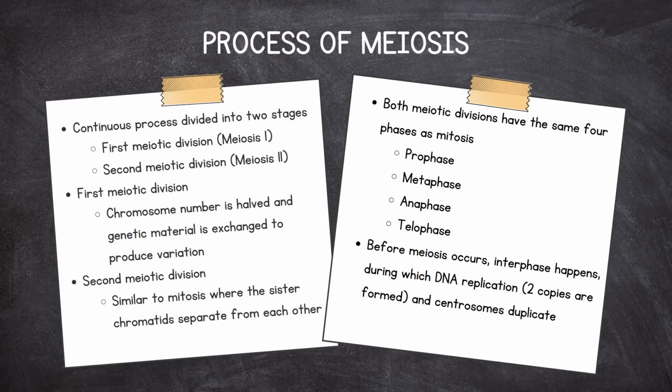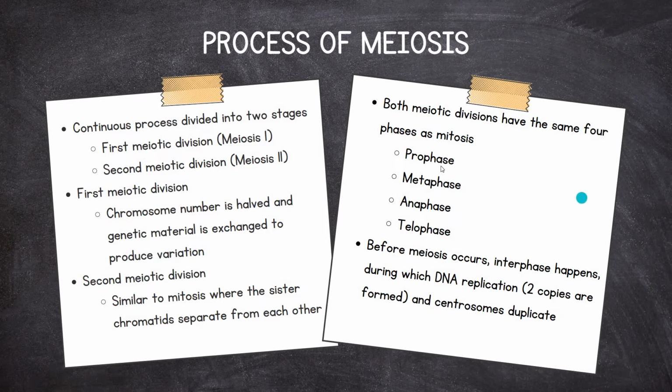If you are a little unsure about mitosis, you are more than welcome to use this section to recap that as well. Both meiotic divisions have the same 4 phases as mitosis: prophase, metaphase, anaphase, telophase.